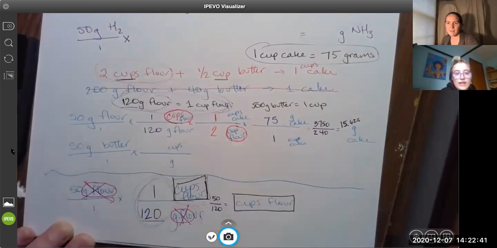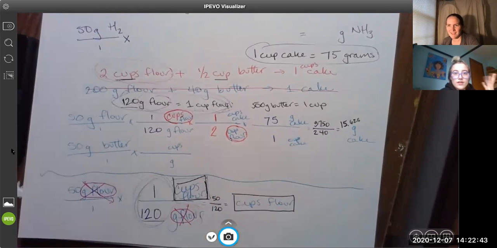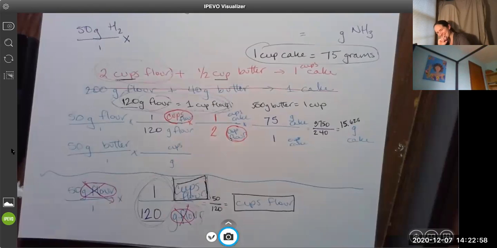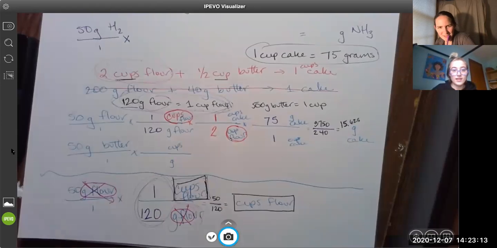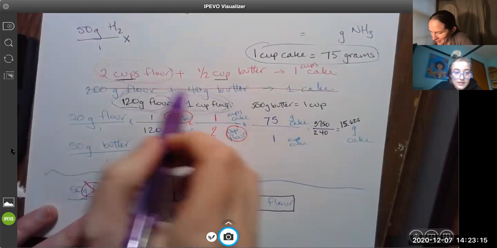Is that the same with flour as it is with butter? Like the 120 to 1 cup, is that the same with the butter as well, or is there a difference? Here's your grams of flour per cups of flour.